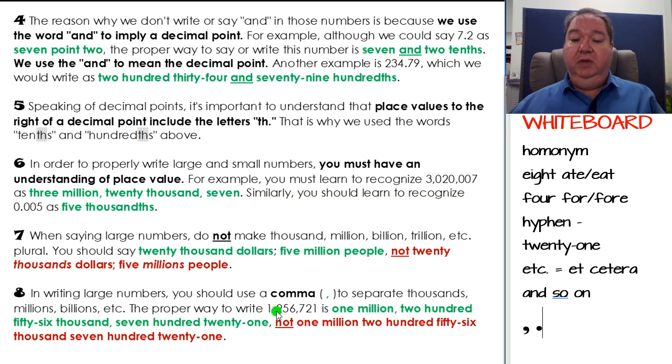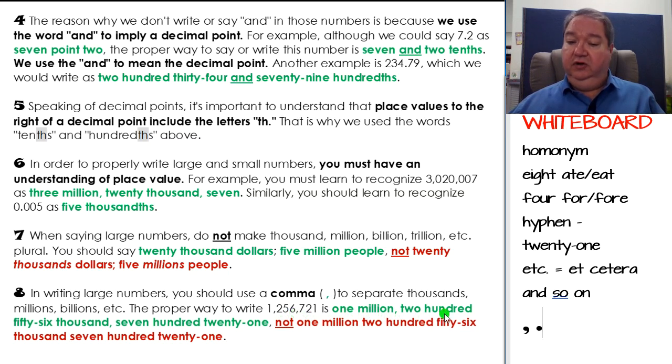Notice it's "one million," with a comma. When we write the number like this, we have a comma here. So when we write it in words, we do the same thing. One million, just keep the comma.